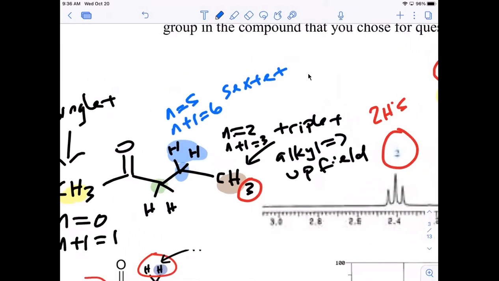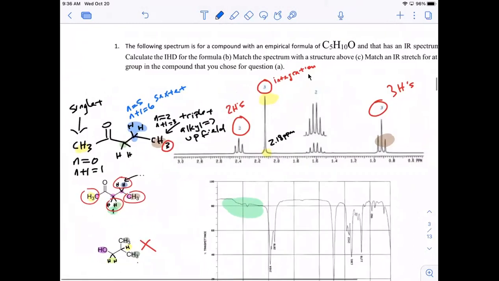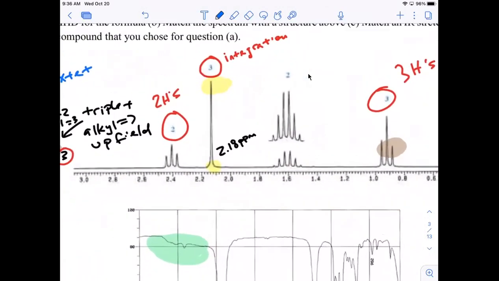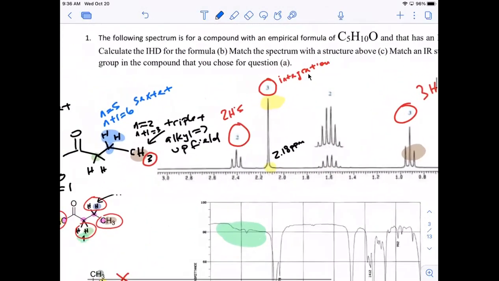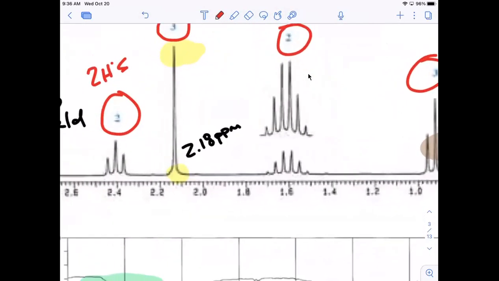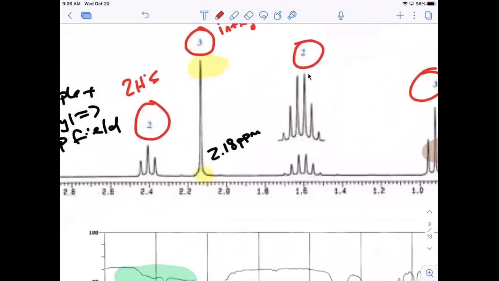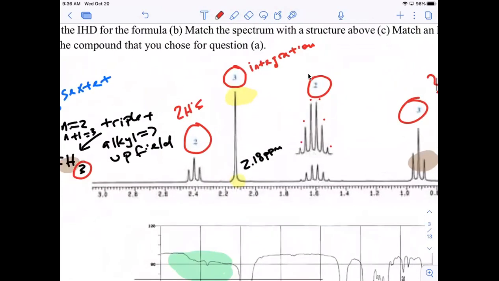And it's going to be a little bit further upfield also. But then again, when you look at the integration right here, that's integrating for 2 protons and it matches, right? It's got 1, 2, 3, 4, 5, 6 lines. It's split into 6 lines.